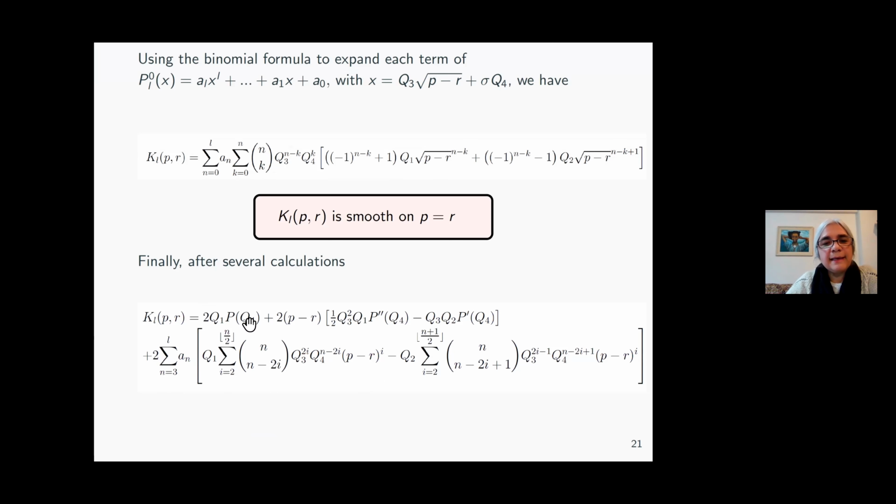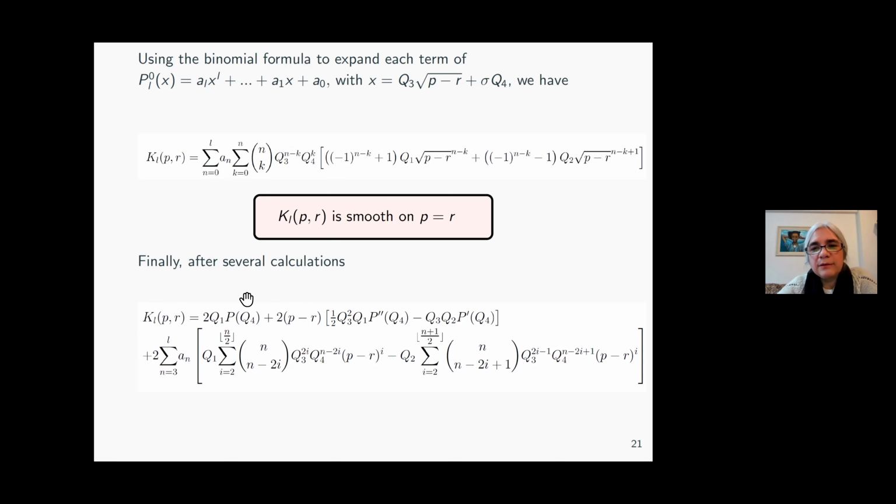Lo único que nos queda es este primer término. P acá es el polinomio de Legendre de grado L. Lo que podemos ver es que los ceros del núcleo K van a estar relacionados con los ceros del polinomio de Legendre.